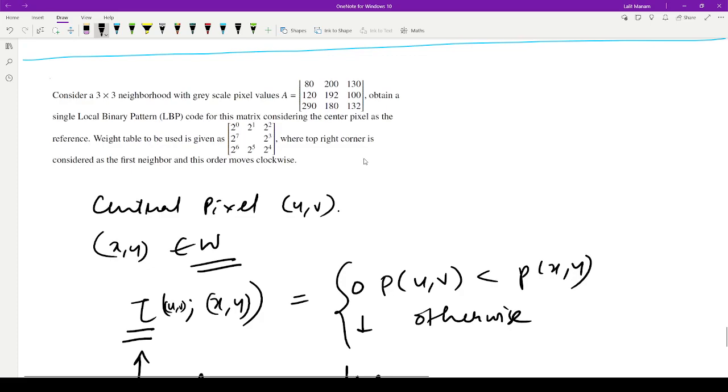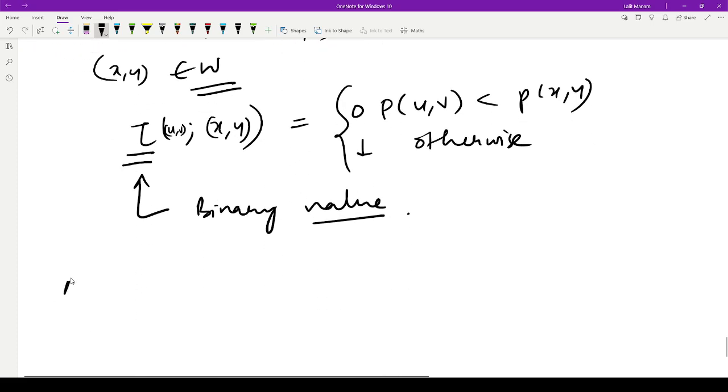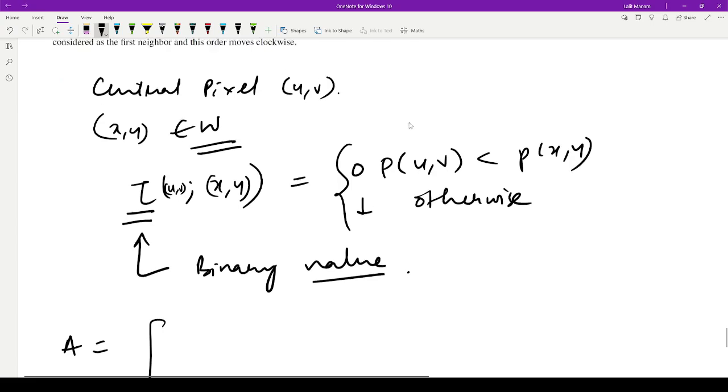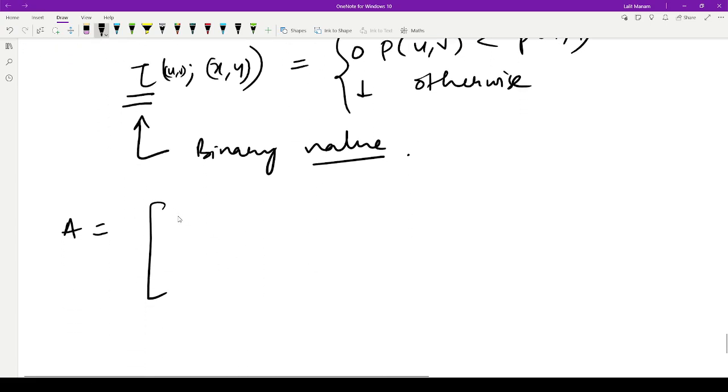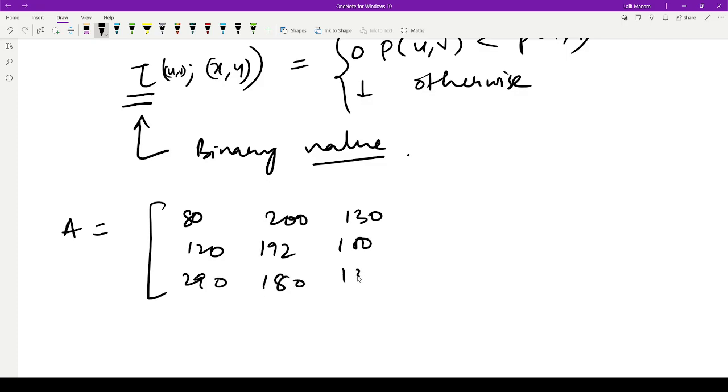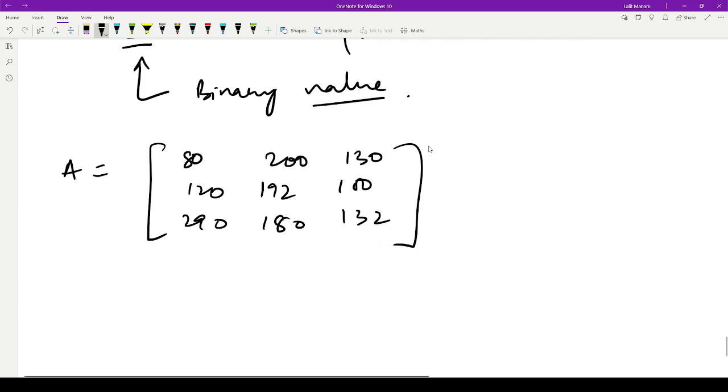Okay. So what are we given in this question? We have this matrix A. So first we'll find this tau of A, given the central pixel at 2 comma 2 as our usual notation.